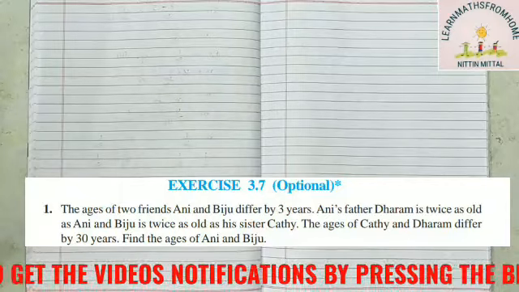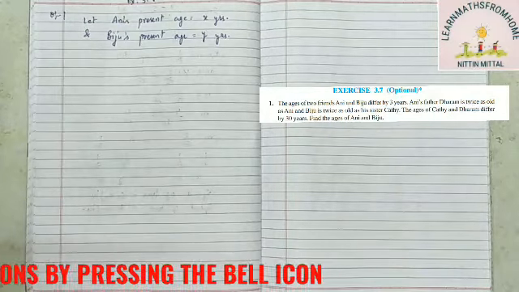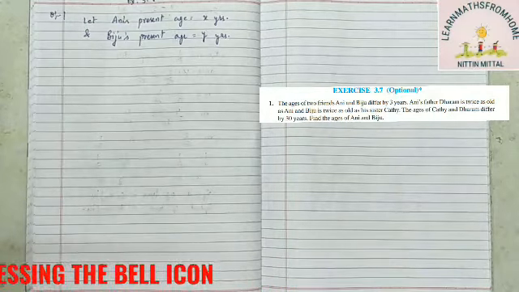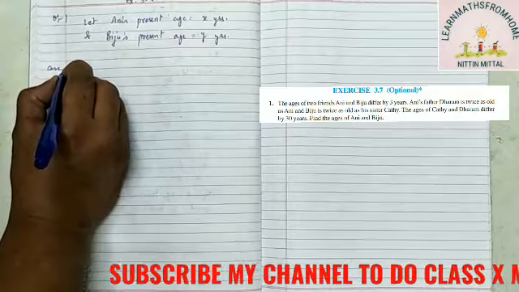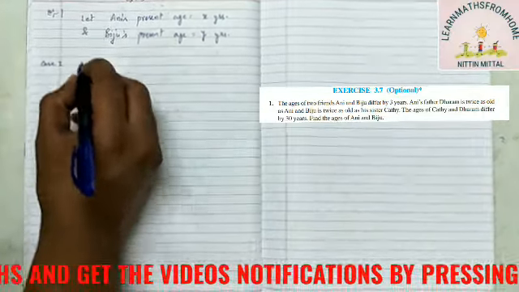Now let me read the first line again. The ages of two friends Ani and Biju differ by 3 years. Now it is not given in the question who is elder, Ani or Biju. Nothing is clear. So in this particular question, students, we have two situations, right? As per the first case given in the question, we have further two situations.